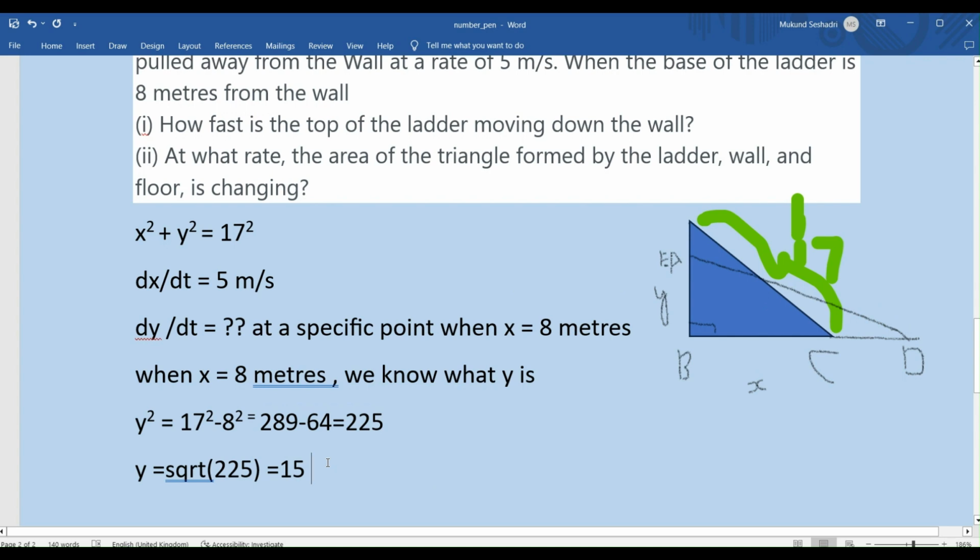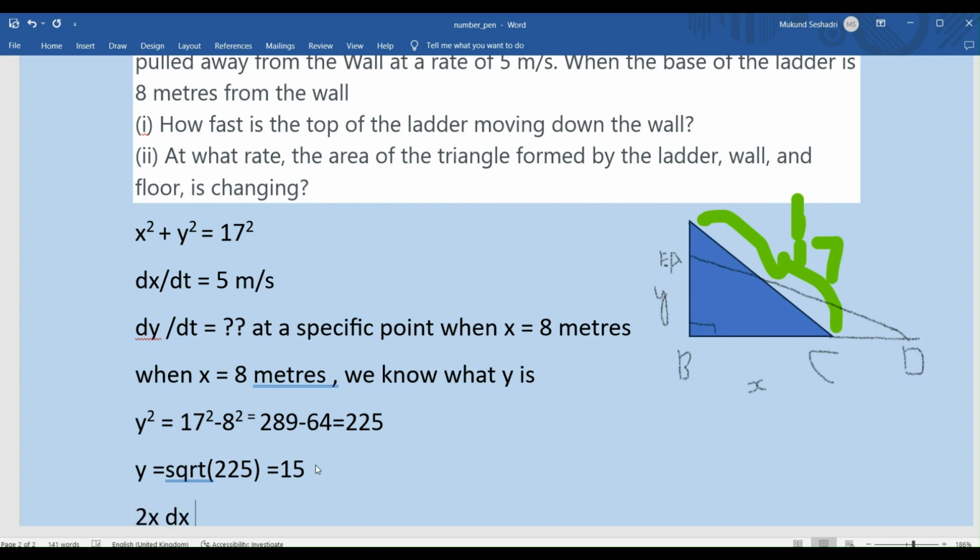We've been asked to find the rate of change of the top of the ladder with respect to time at a specific point, when the base is a distance of 8 meters from the wall. So when x is 8 meters, we have y here at 15 meters, right?